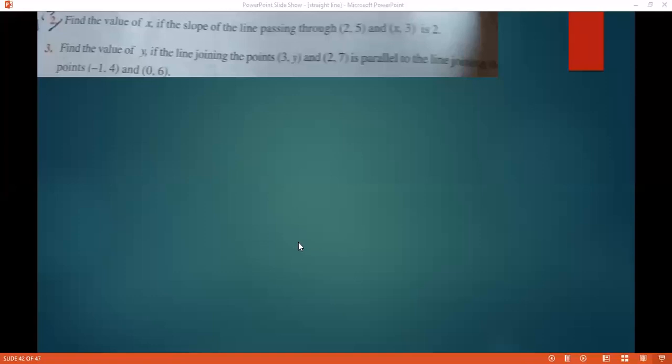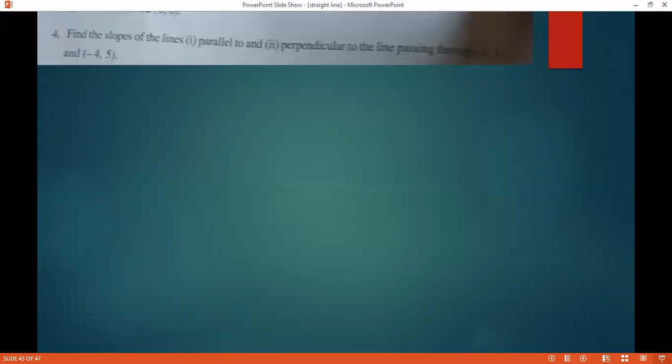Look at the fourth question now. Find the slopes of the lines parallel and perpendicular to the line passing through 6, 3 and minus 4, 5.